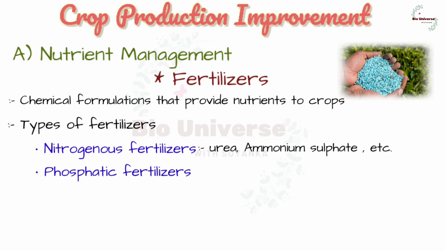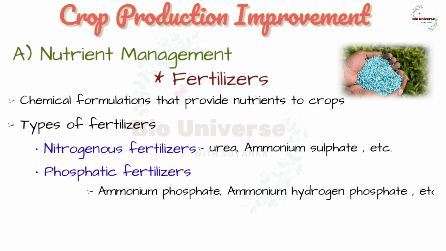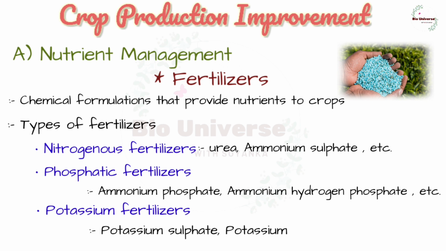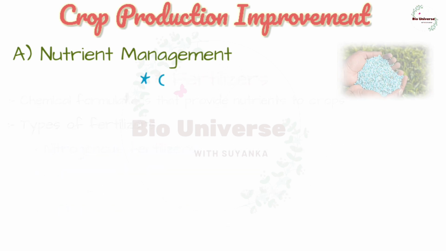Phosphatic fertilizers, which contain phosphorus as a principal nutrient, for example, ammonium phosphate, ammonium hydrogen phosphate, superphosphate, etc. Potassium fertilizers, which contain potassium as a principal nutrient, for example, potassium sulfate, potassium chloride, potassium nitrite.